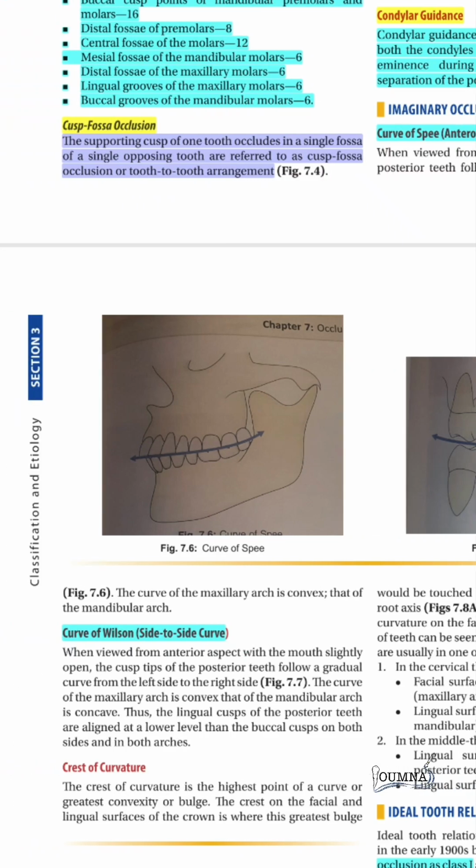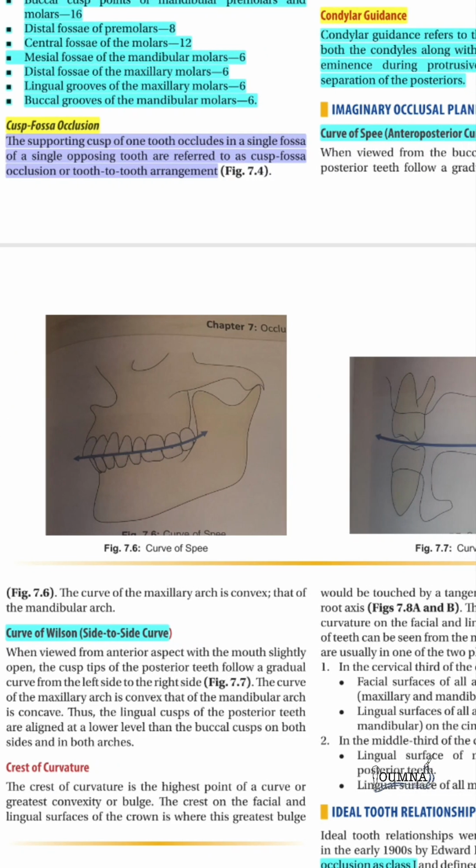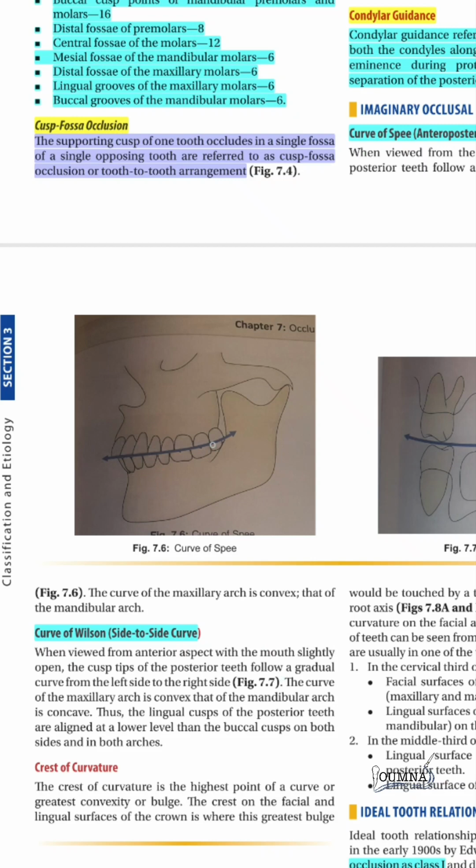And this imaginary slope is called the curve of Spee. It is slightly straight and slightly convex. It should not exceed more than 1.5 millimeters of depth.